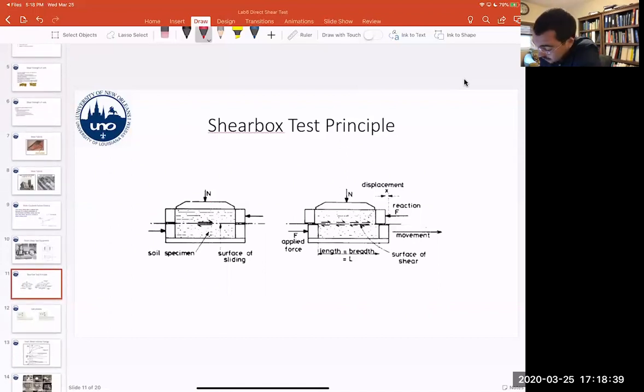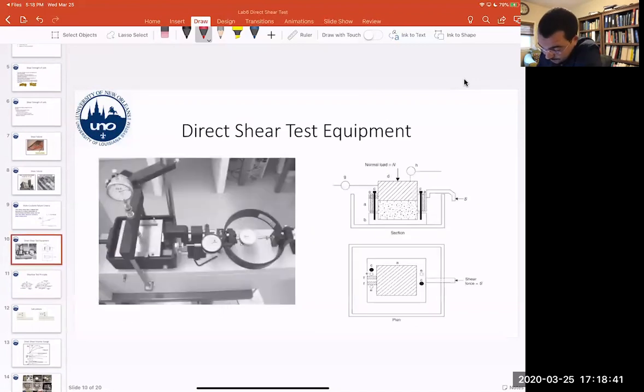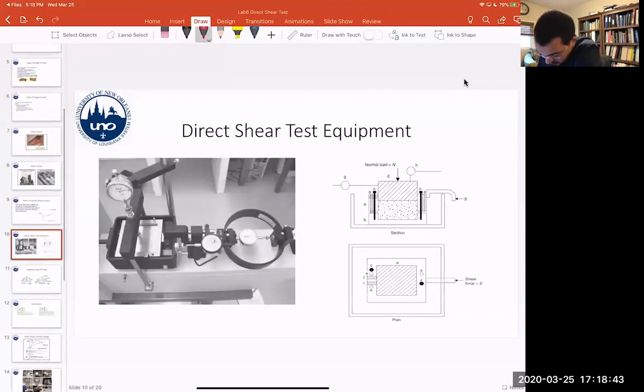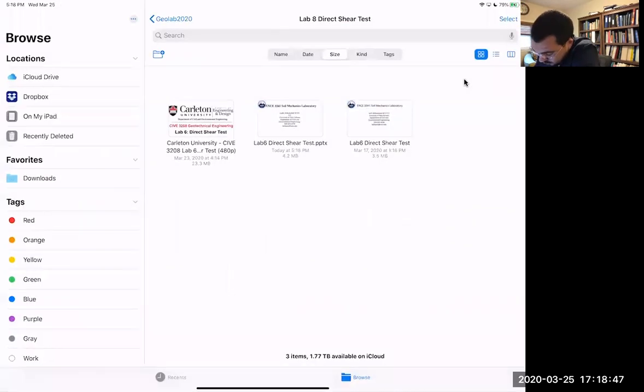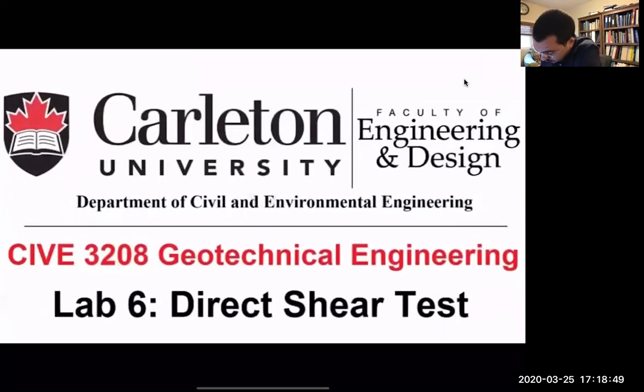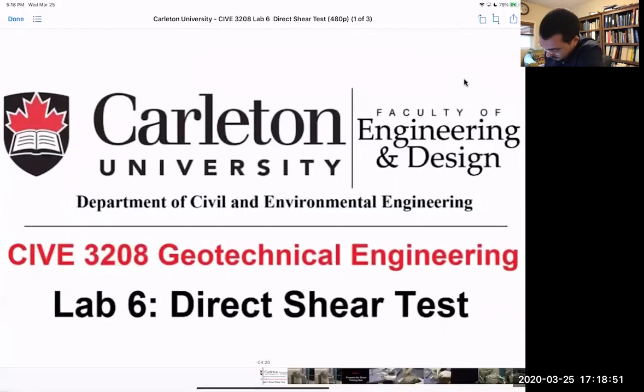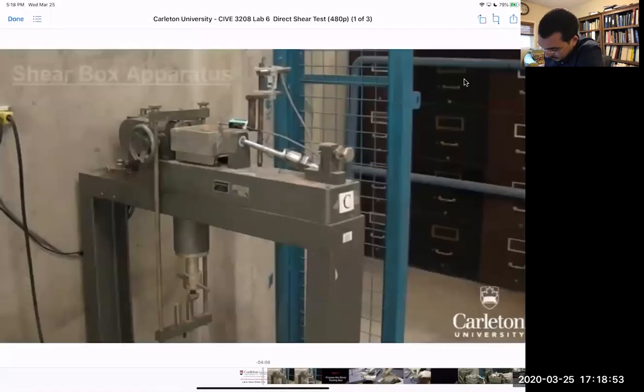And I think we can take a look at this video from Charleston University. This is a tutorial for the direct shear test. So basically this is the shear box that you use. This is the jig that you can apply the normal stress to the sample with.